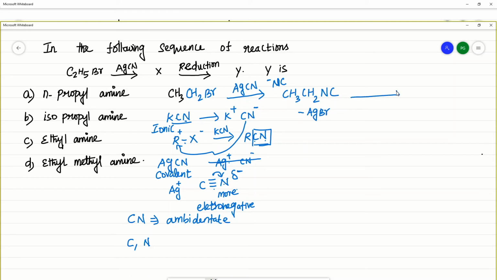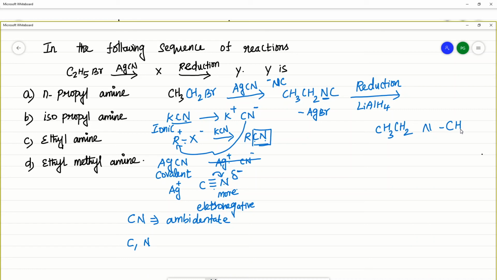Now reduction. We can use any reducing agent like lithium aluminum hydride. What happens during reduction? CH3CH2, this N and you have C. So there is a supply of hydrogen, more hydrogen will be added.